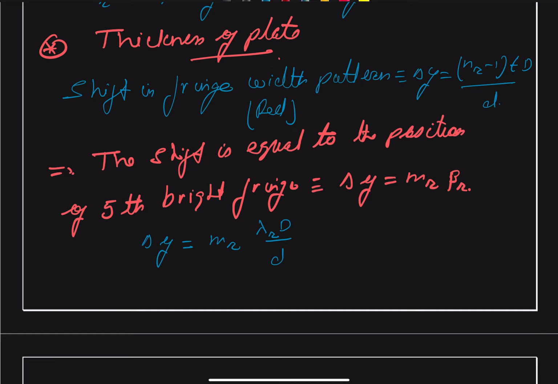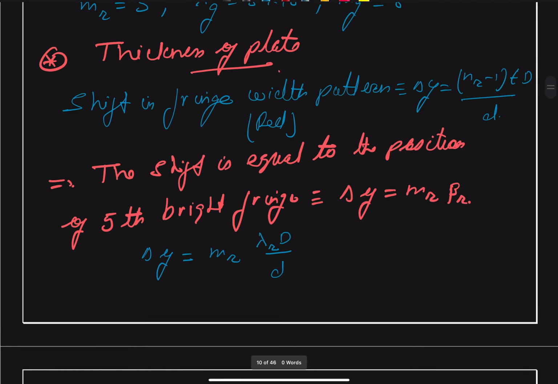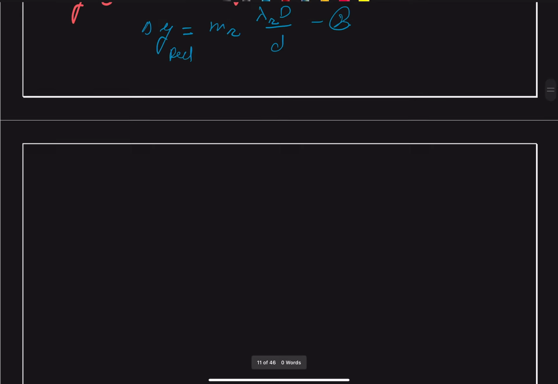Okay. Now we can equate these two equations, and delta y for the red is given. Okay, so this is delta y for the red, and this is also delta y for the red. Let us call this equation number 1 and this equation number 2. Equating equation 1 and 2.